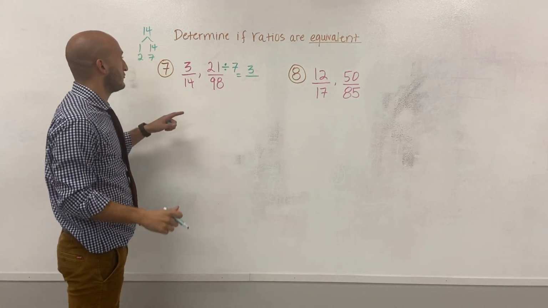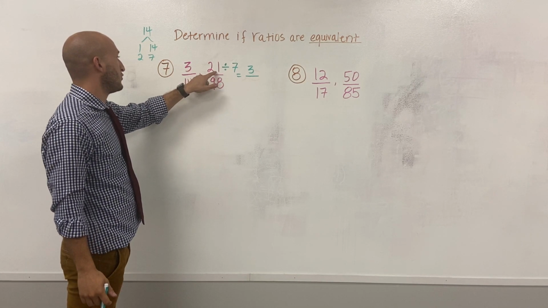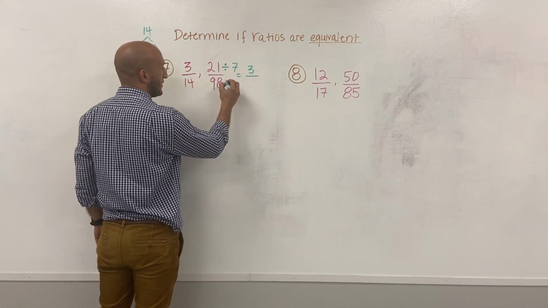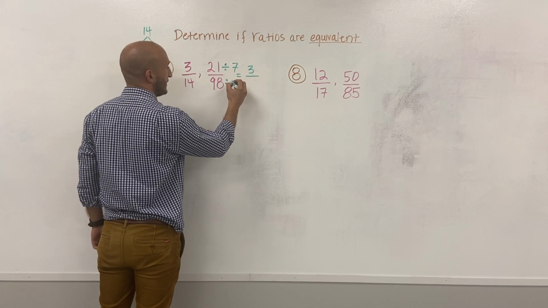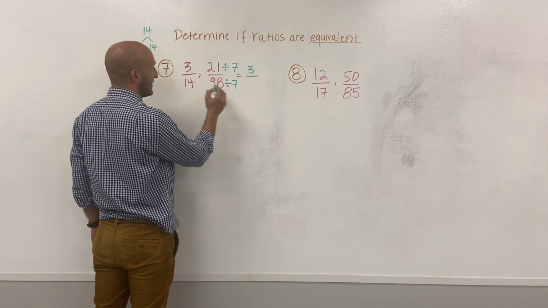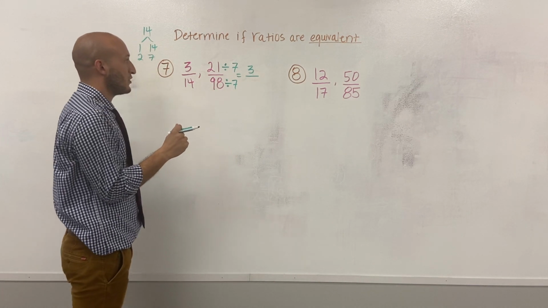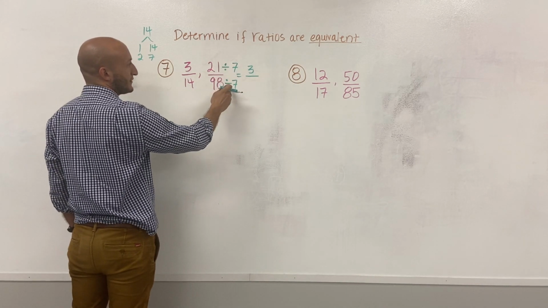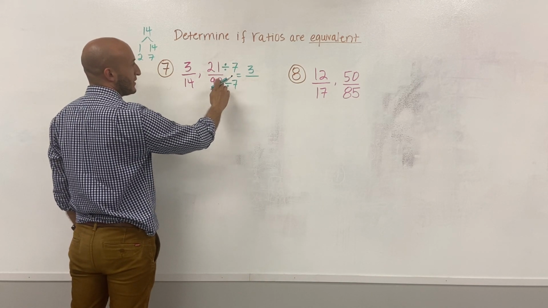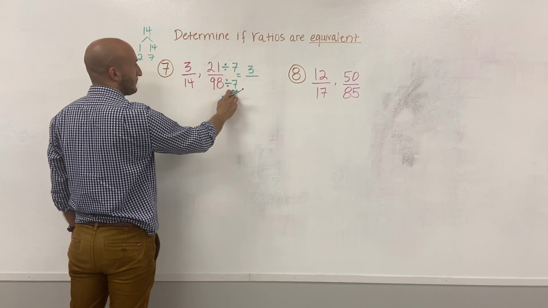Oh, nice. If I divide the numerator by 7, then I divide the denominator by the same number, and I get 14, then they're equal. So this is how I simplify a fraction: by dividing by the same number, top and bottom.